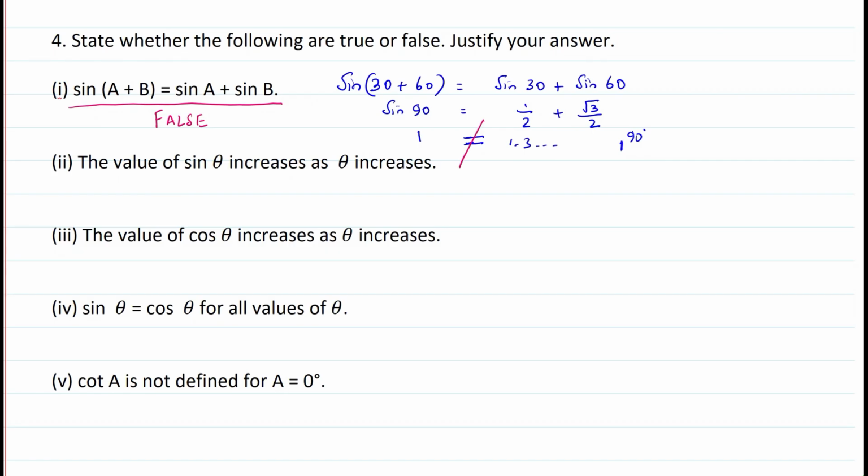But since no range is given and we are only talking about 10th standard level, where we study angles from 0 degrees to 90 degrees, within this range the sin theta value increases as theta increases. Therefore, the answer for this question is true.